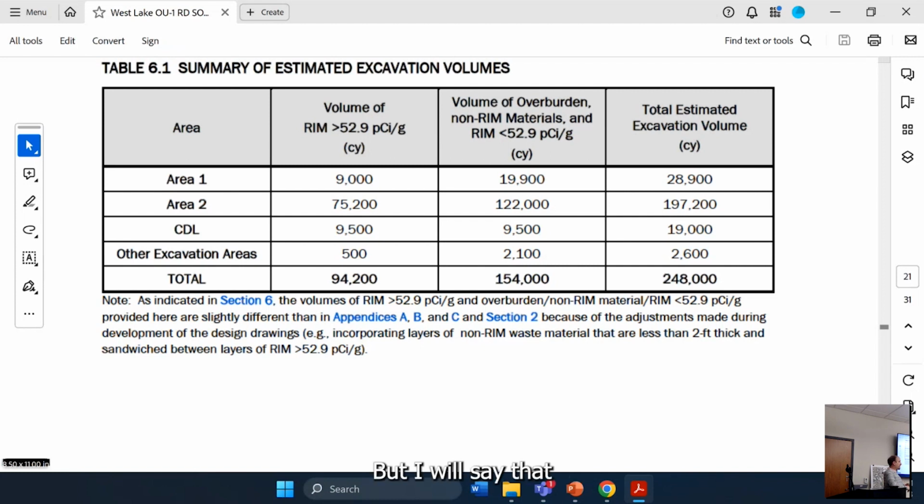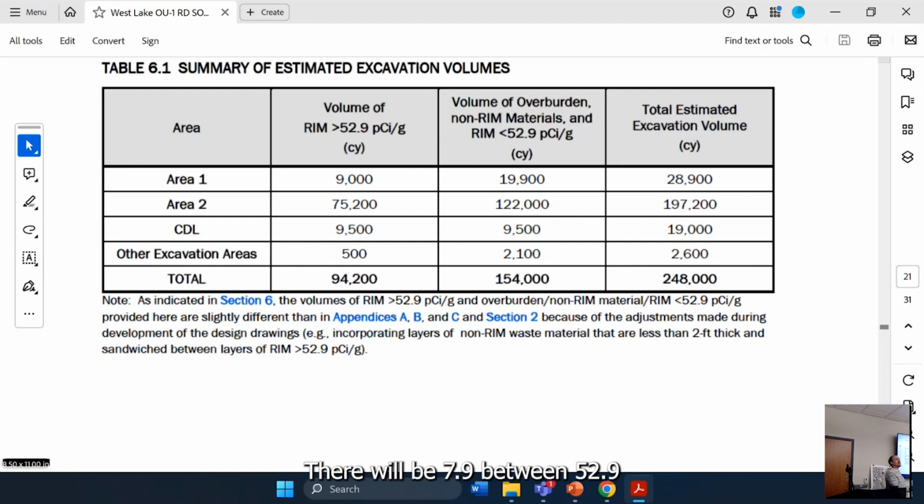But I will say that in these excavation areas where we're taking out RIM greater than 52.9, when the excavation is complete, there will still be RIM in those areas if they use backfill that isn't part of it.